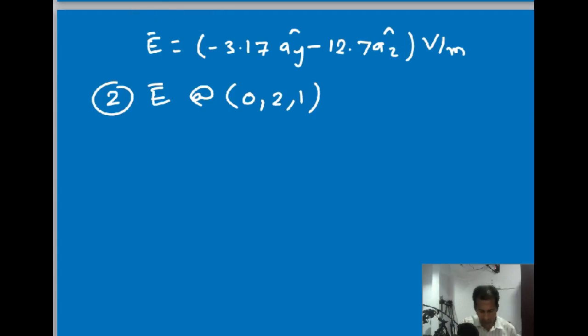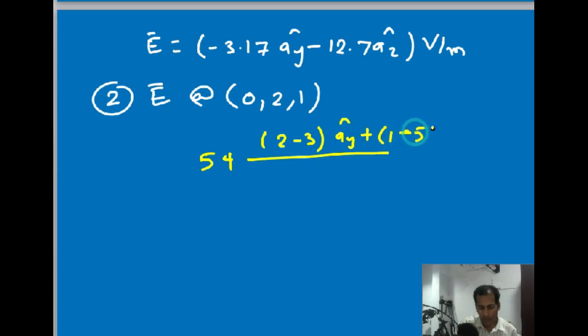The same constant, say 54, and for new points, destination and source, we will get 2 minus 3 AY cap plus 1 minus 5 AZ cap divided by 1 plus 16 volts per meter.